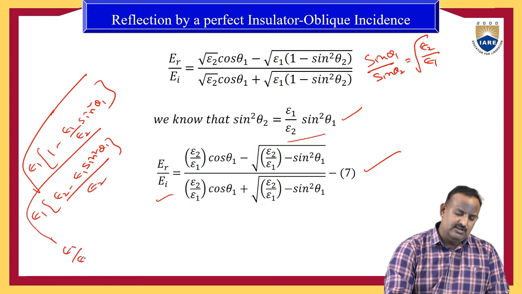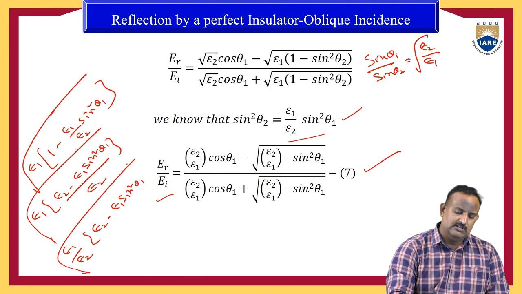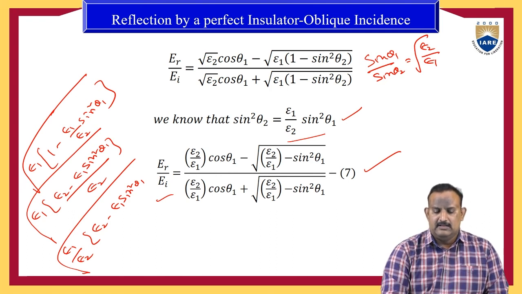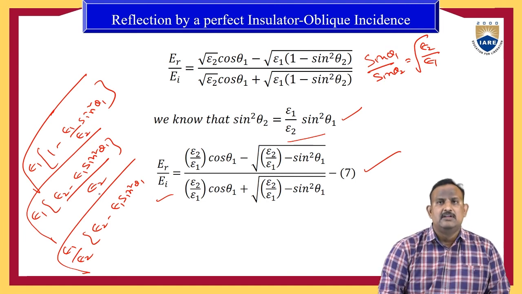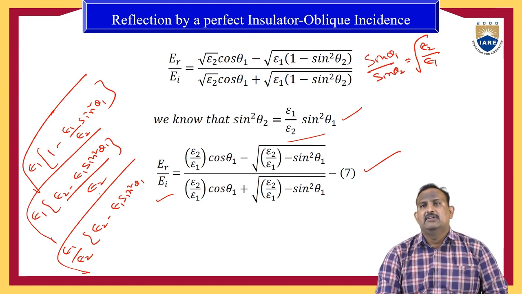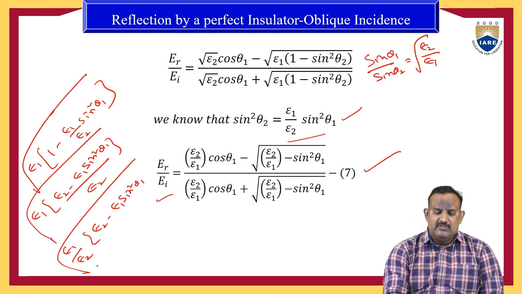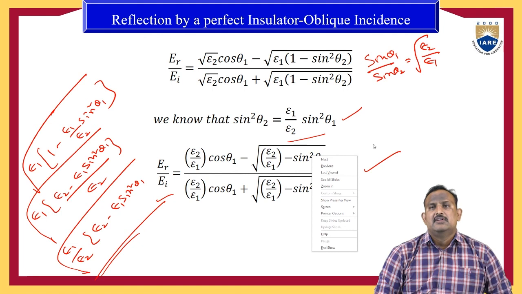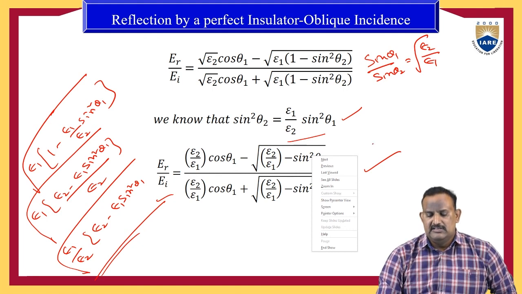It is epsilon 1 by epsilon 2 into epsilon 2 minus epsilon 1 sin square theta 1. To simplify the equation totally, epsilon 2 can be taken outside and we can multiply the equation. Therefore, after simplification we have the final expression like this. So this is about the parallel polarization.